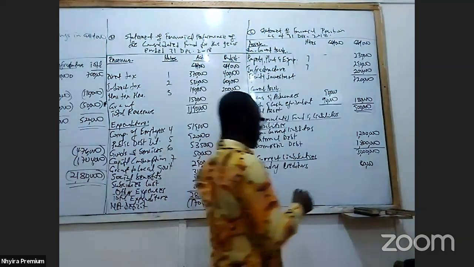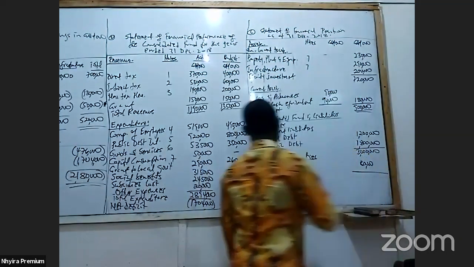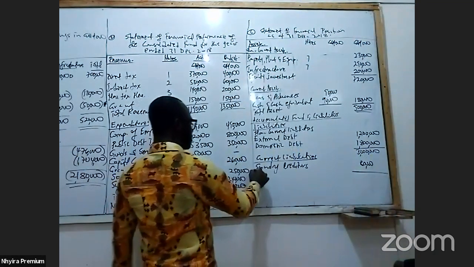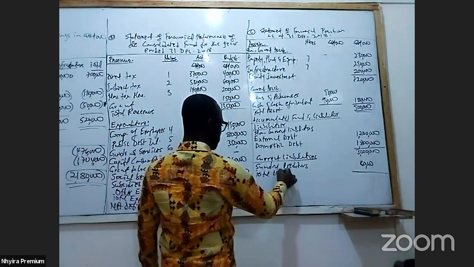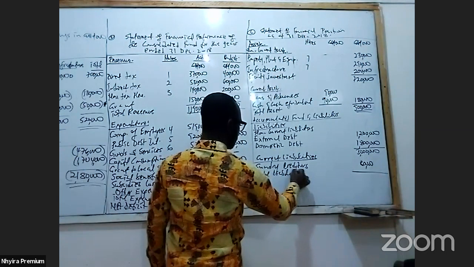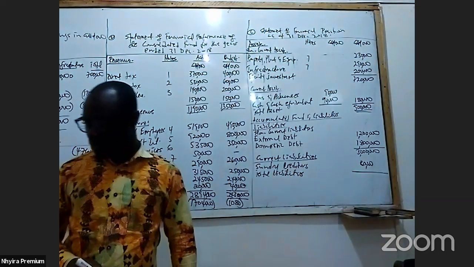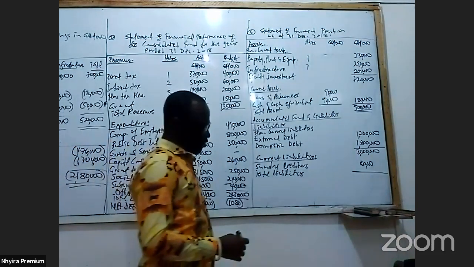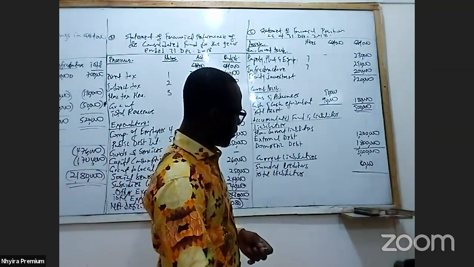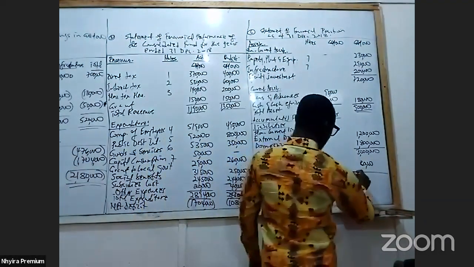So we add it up, and that gives us total liabilities, and that is going to give us an amount of 3,080,000.